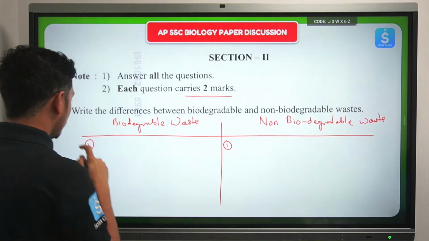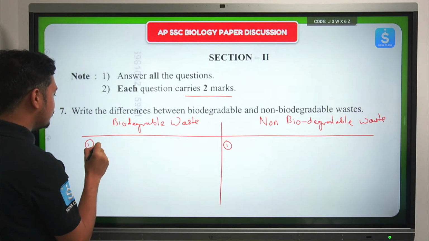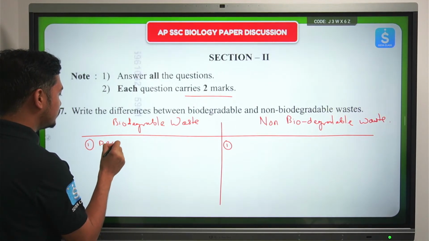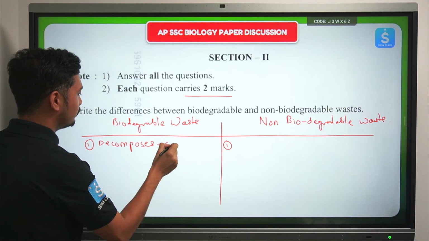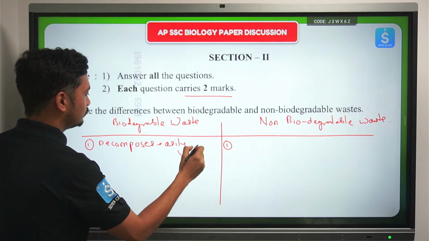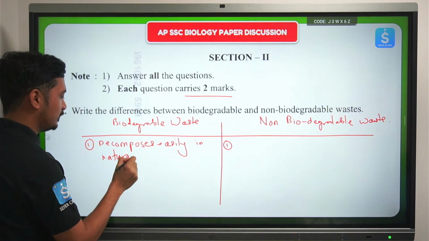So the first point: biodegradable waste decomposes easily in nature.